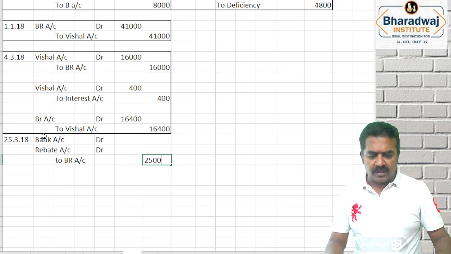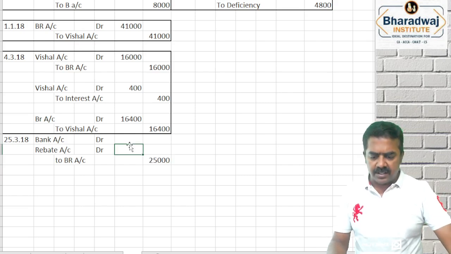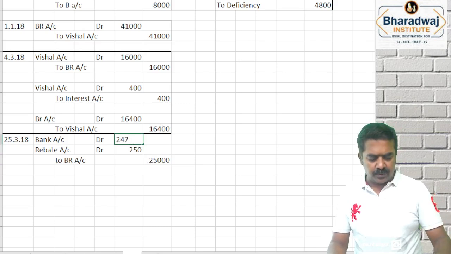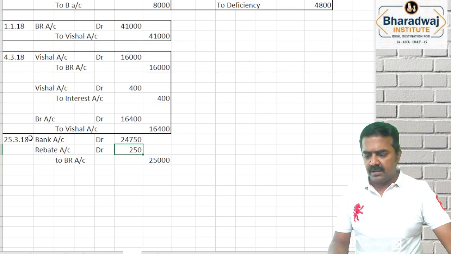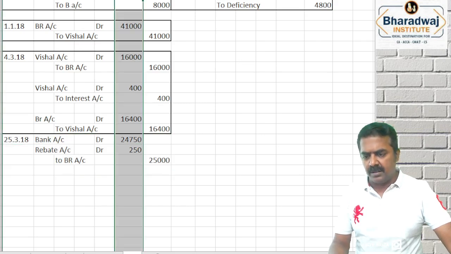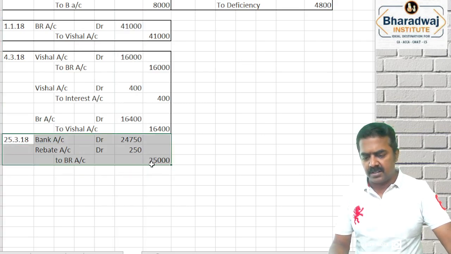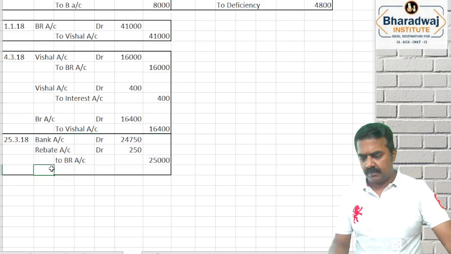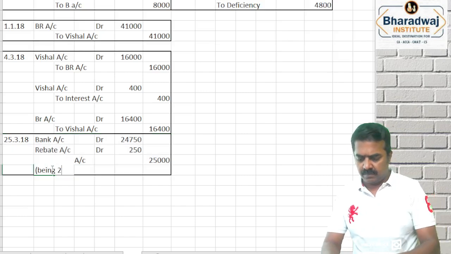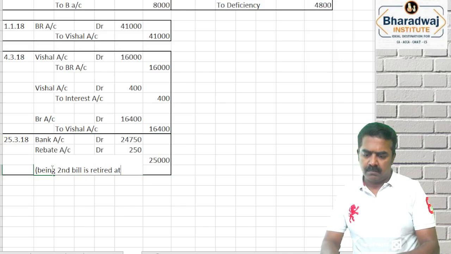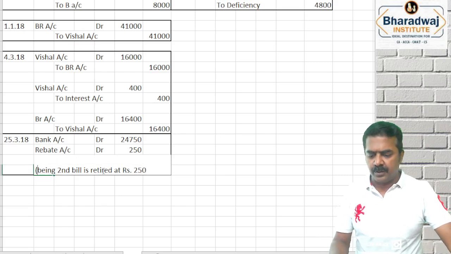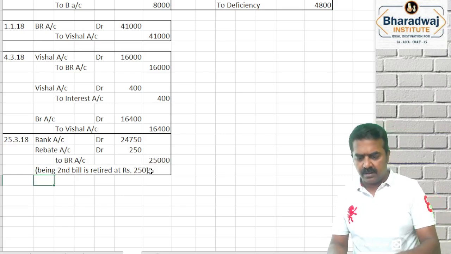Instead of paying the 25,000, he gets a rebate of 250. How much balance will he pay? 24,750 he will pay. Vishal pays the second bill. Early payment is done. Second bill is retired at 250 rupees rebate.